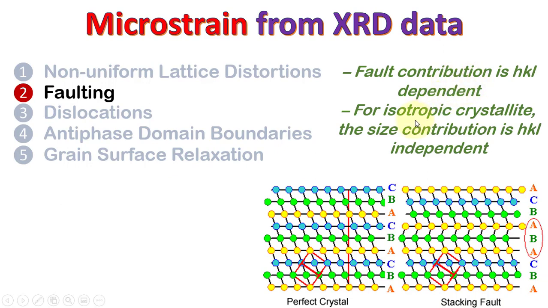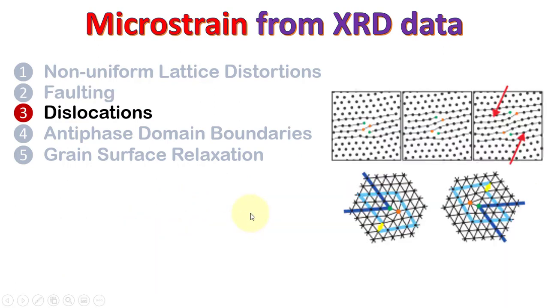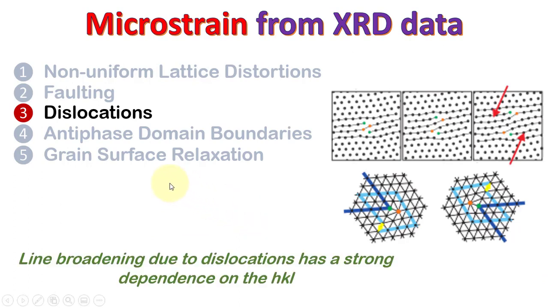However, for an isotropic crystallite, it is HKL independent. Further, fault contribution to the microstrain depends only on the crystal structure. Dislocations. One of the main contributors to the microstrain and hence to the line broadening is dislocations, which has a strong dependence on the HKL.